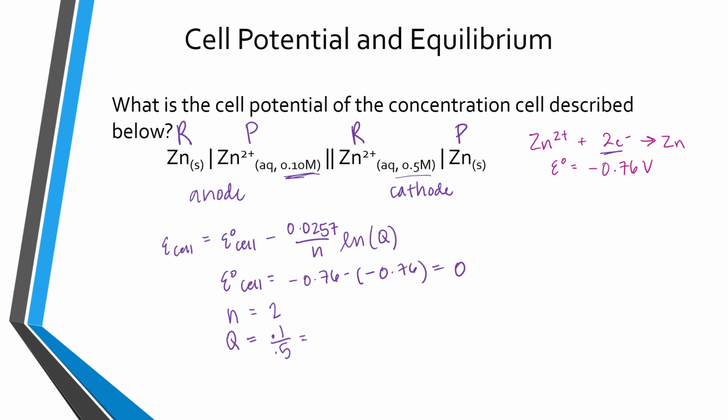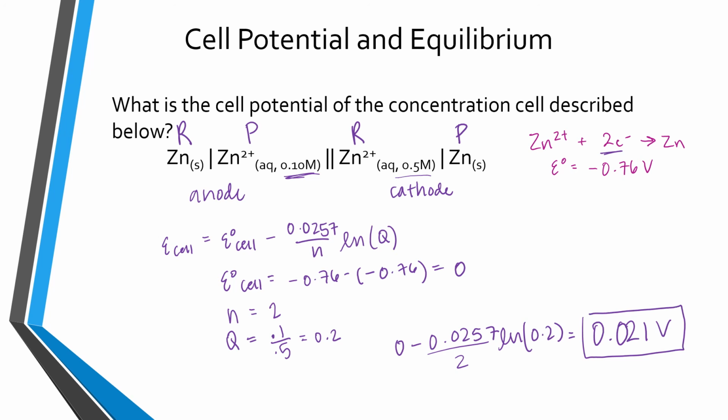We get 0.2. So now I'm going to plug that into my equation. So I have 0 minus 0.0257 over 2 times the natural log of 0.2, and I get 0.021 volts.